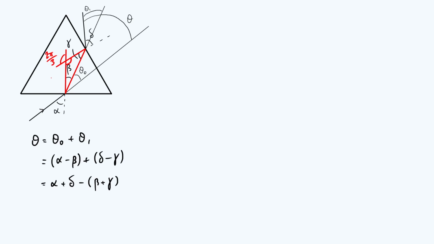But we also know that the angles in a triangle add up to 180 degrees, which in radians is pi. So looking at that red triangle that I've drawn there, we can say that beta plus gamma plus 2 pi over 3 has to equal pi in total.